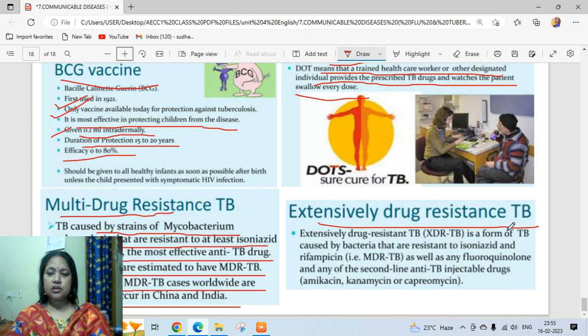And extensively drug-resistant TB is a form of TB caused by bacteria that are resistant to isoniazid and rifampicin as well as any fluoroquinolone and any of the second line anti-TB injectable drugs.